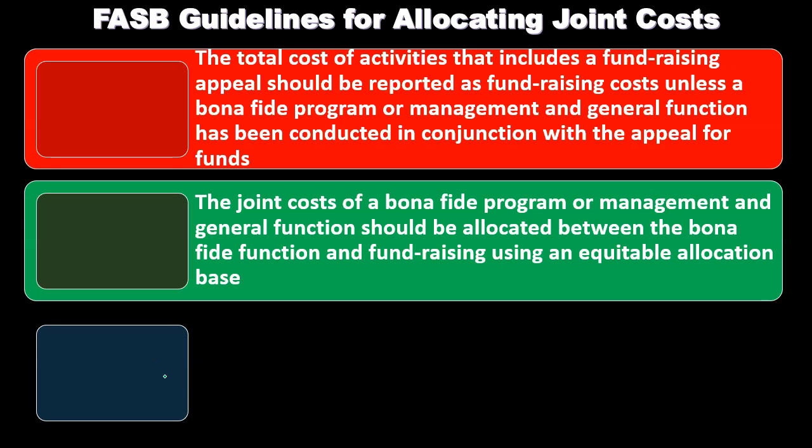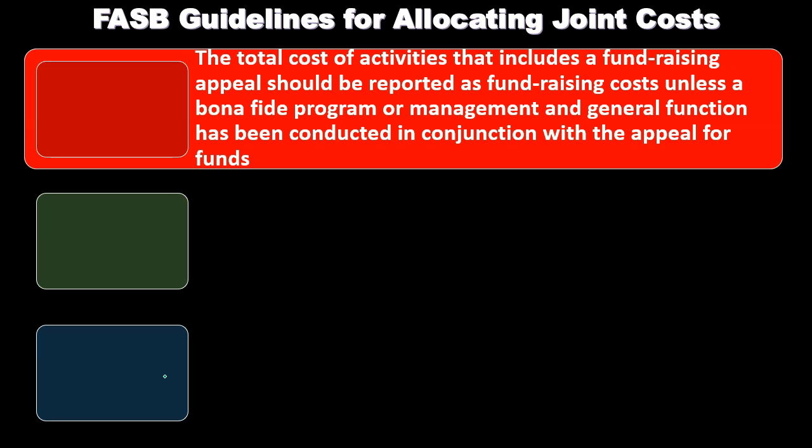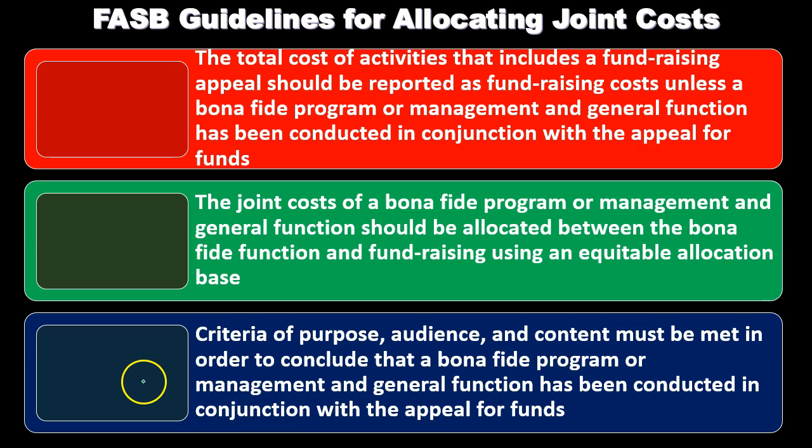Oftentimes, we're going to use some type of allocation base to come up with percentages that we can then use to allocate between the applicable programs and/or fundraising and/or general and administrative.